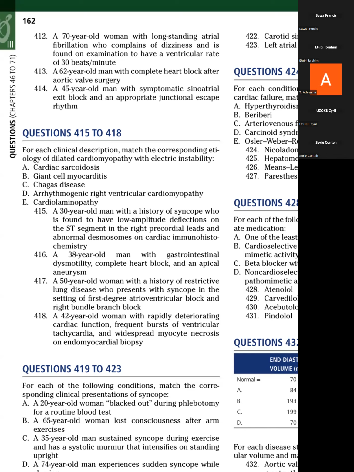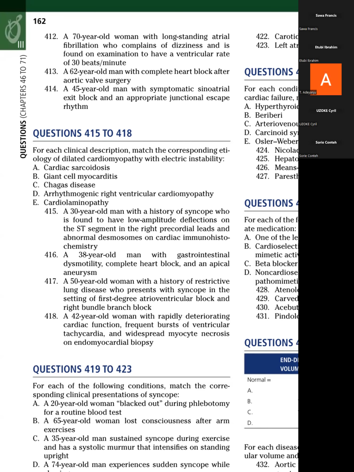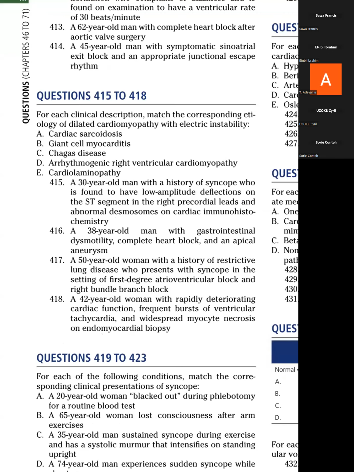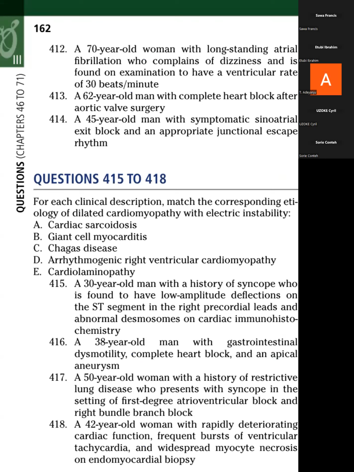So the rate modulation is also necessary in this patient because the patient is already symptomatic and the ventricular rate is already 30 beats per minute. Looking at the available options, the patient will need a pacemaker that can pace the ventricles, sense the ventricles, and inhibit if there's intrinsic activity.